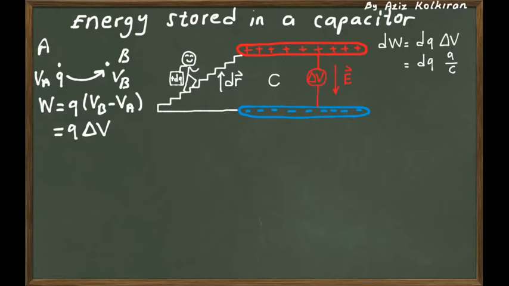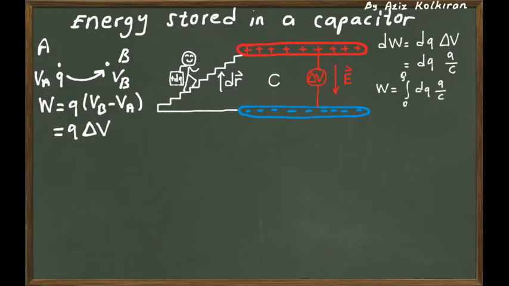If you sum these small works, these dWs, then you will find the total work done to move a charge plus q from the lower plate to the upper plate.